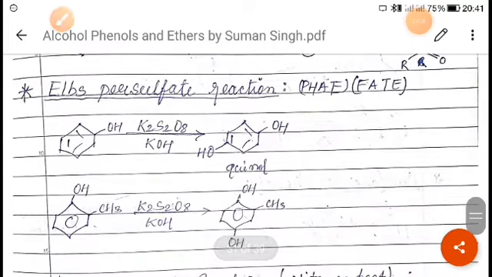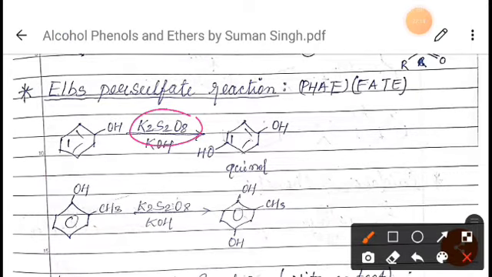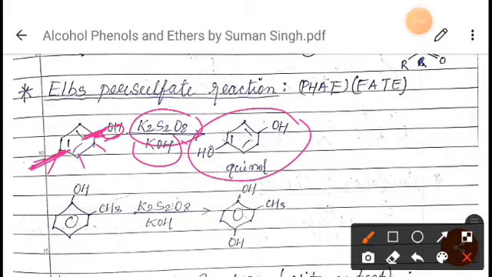Now after that is the Elbs persulfate reaction. It is also called the Boyland-Sims reaction. Here it is very easy. In the presence of K2S2O8 and in the presence of KOH, we are forming quinol here. As you can see, it is just attacking here. Suppose this is ortho, meta and para, right? So always remember, where the OH is here, at the para position another OH will come and attach, right?